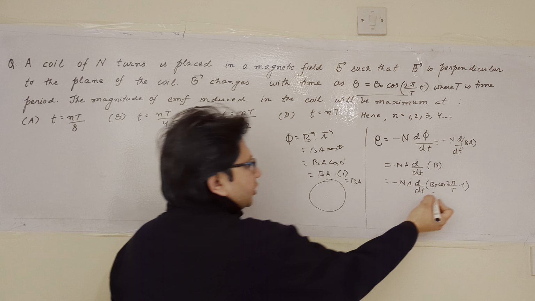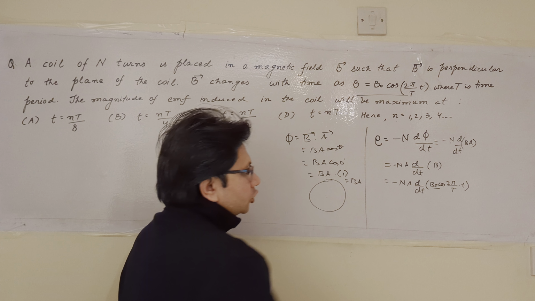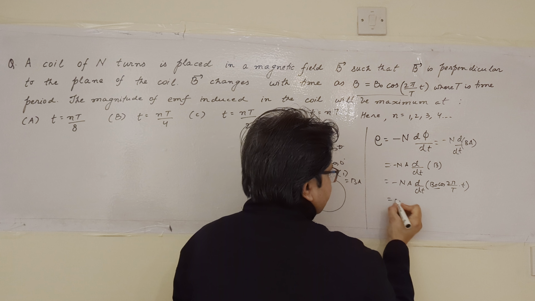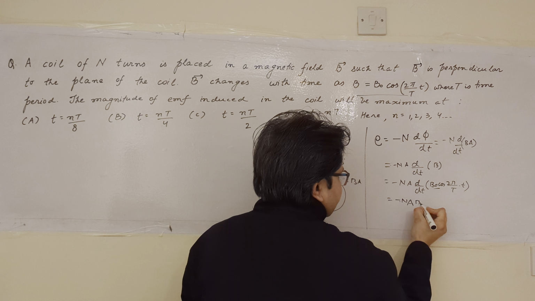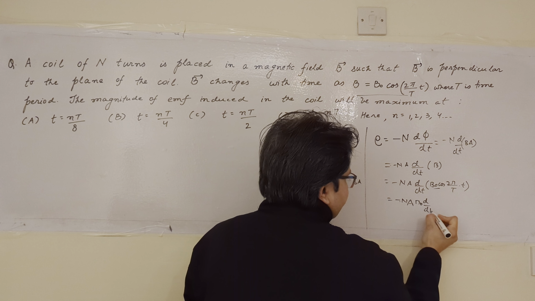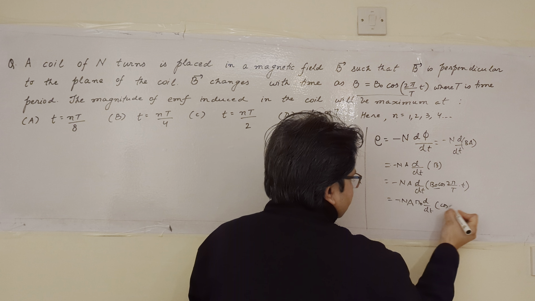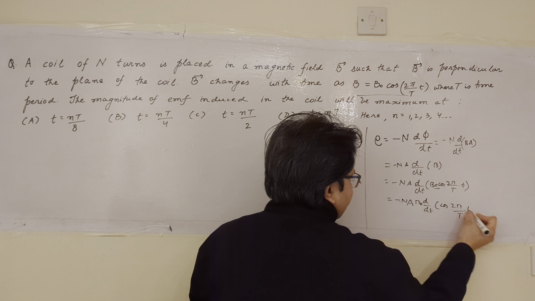Now B naught is also a constant, so we can pull it out of the differentiation. We get minus n A B naught d/dt of cos(2π/T · t).